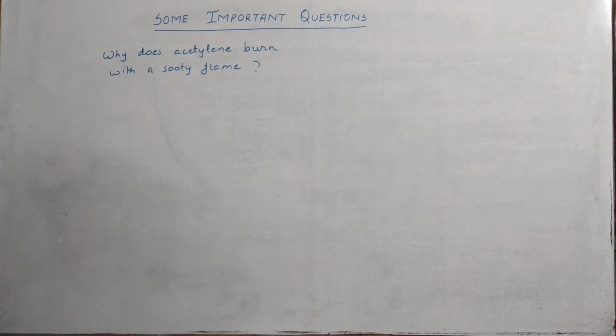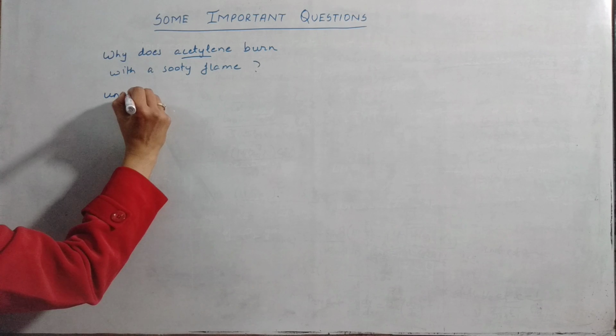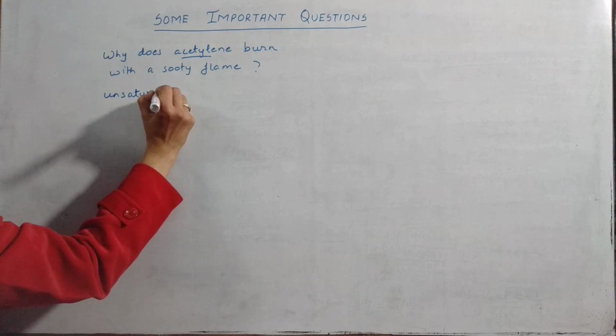Now again, we have discussed this in the properties of carbon compounds, that saturated carbon compounds undergo complete combustion because they contain a larger amount of hydrogen as compared to unsaturated compounds. Since acetylene is unsaturated, it is an unsaturated compound.